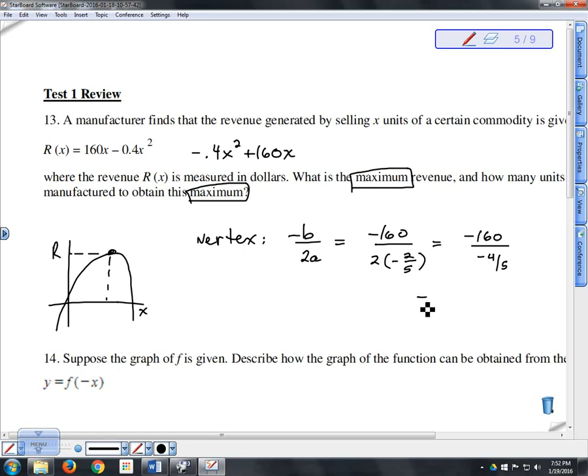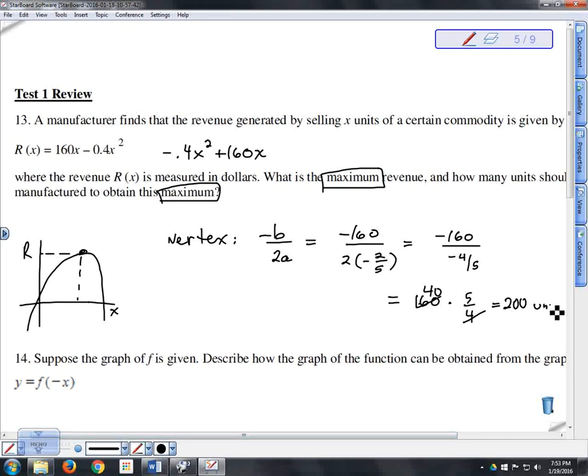So this equals 160 multiplied by 5/4. 4 goes into 160, 40 times 5. So 200 units would need to be sold.